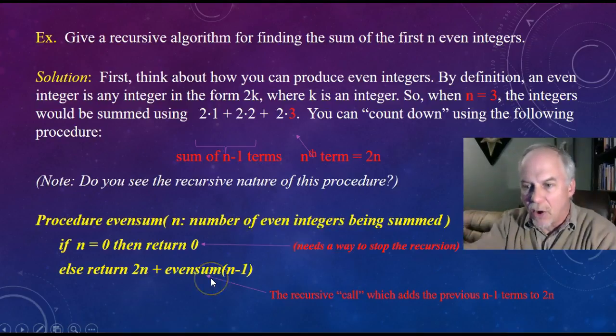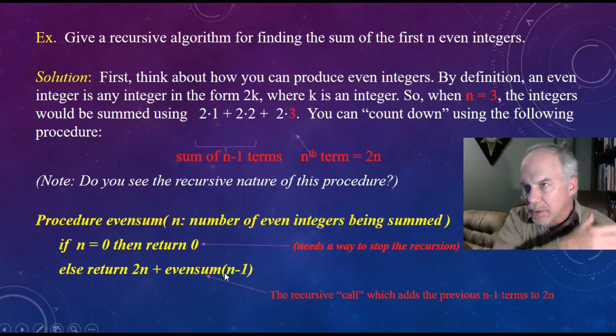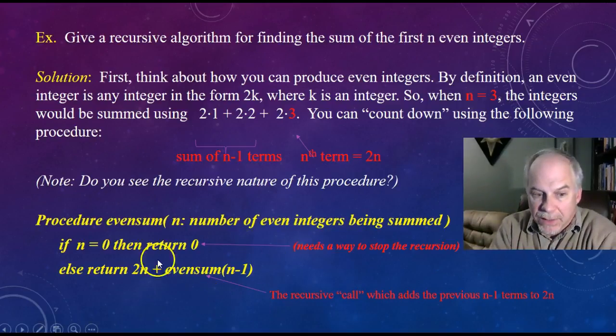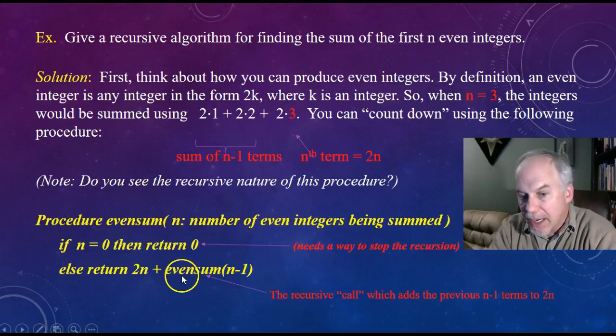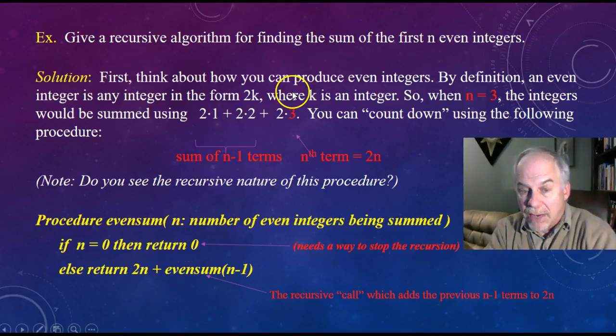So even sum of n minus 1 is going to add up all the previous n minus 1 even numbers, okay? Because it's calling itself into action. So this one line, this one if then else command will do what you have in this example.